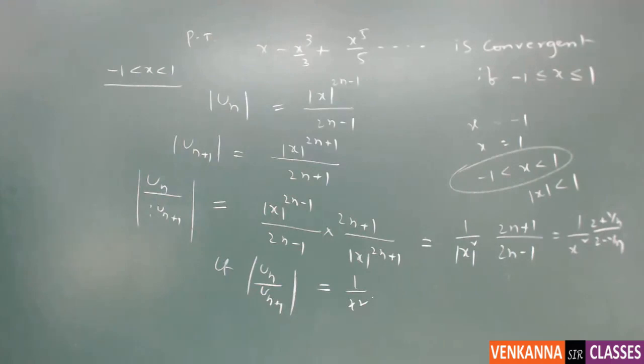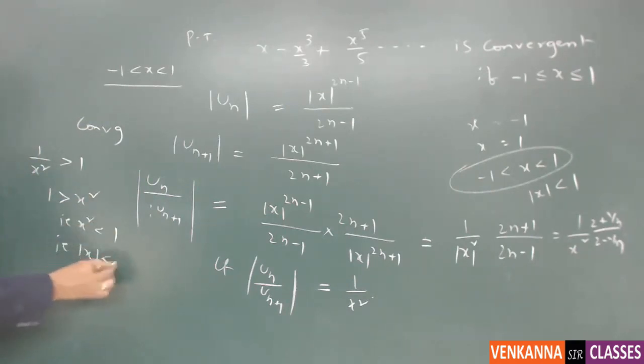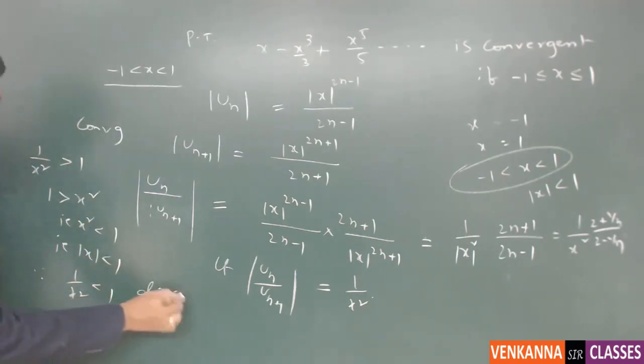As per the ratio test, if 1 by x square is greater than 1, it is convergent. That is, 1 is greater than x square, that is x square is less than 1, that is mod x is less than 1. And when 1 by x square is less than 1, it is divergent.